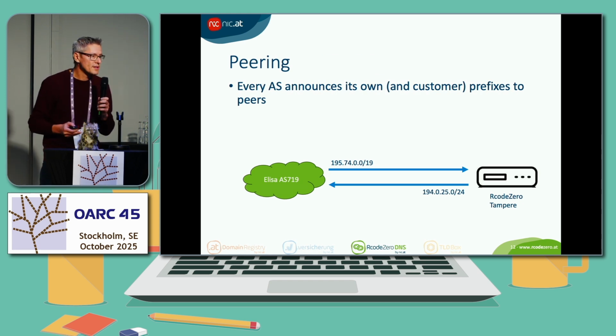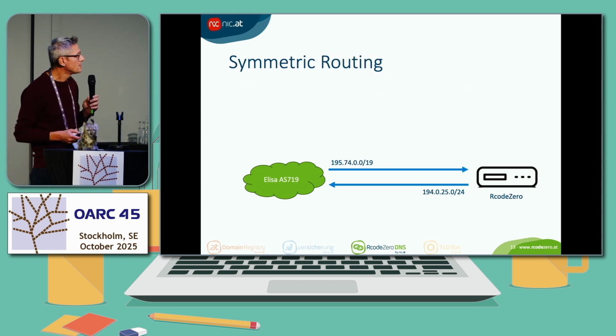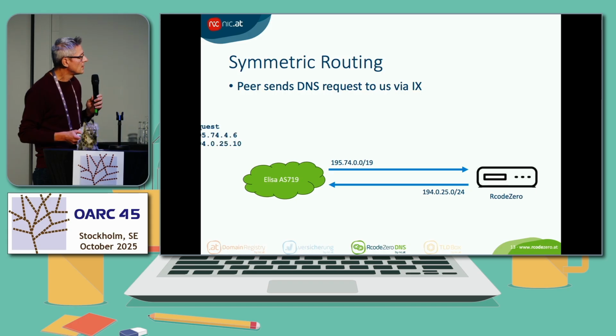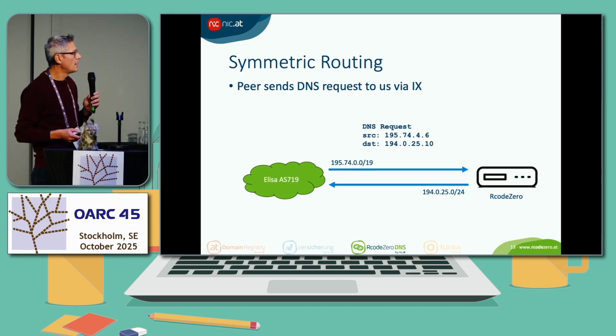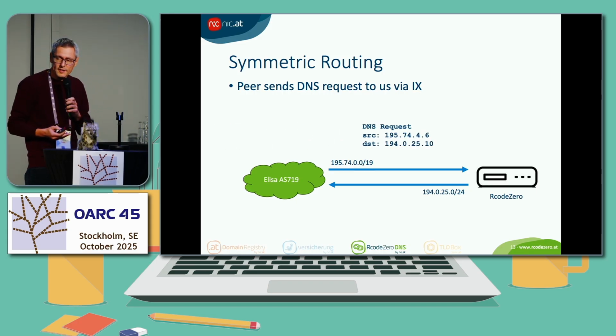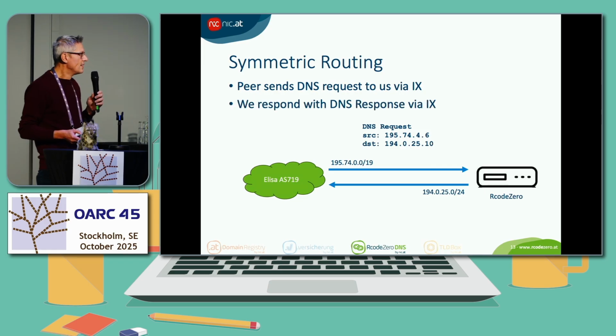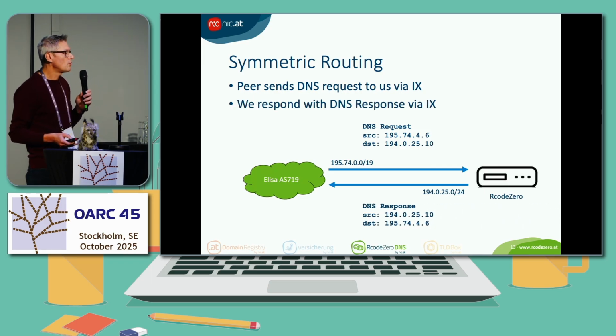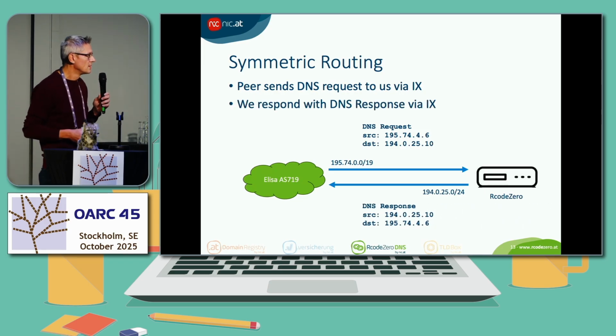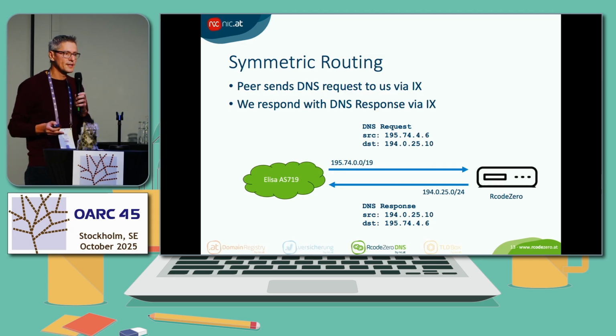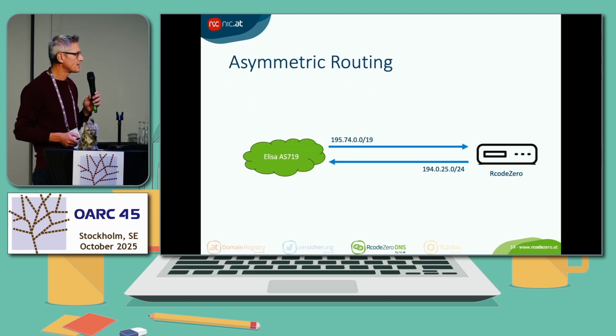Usually when a packet comes in, it goes over the internet exchange because of the peering, and we can send back the response also over the internet exchange. But of course, this only works if the source IP address of the DNS request matches one of the routes we receive on the Internet Exchange.